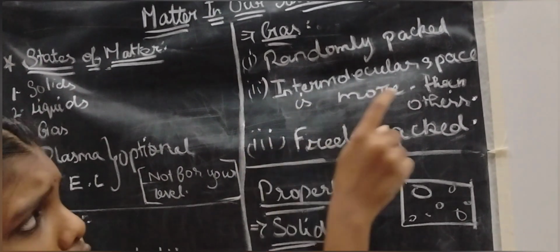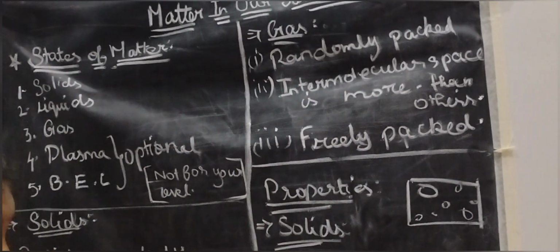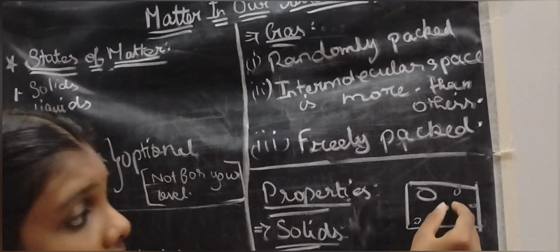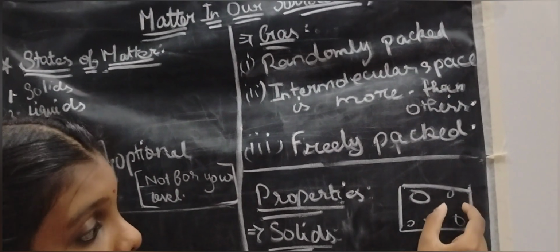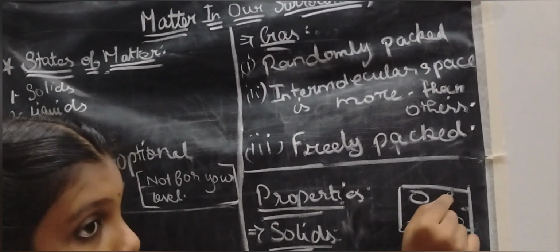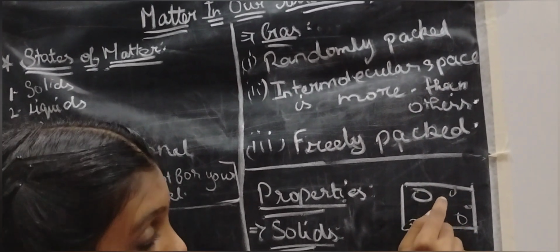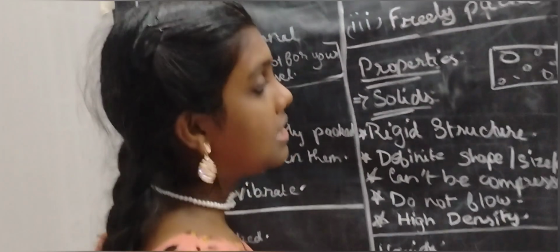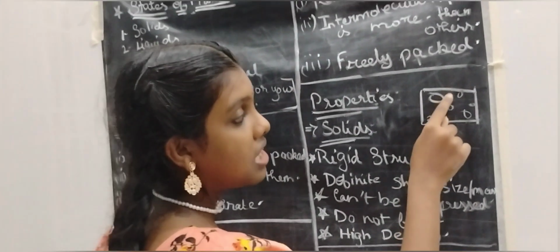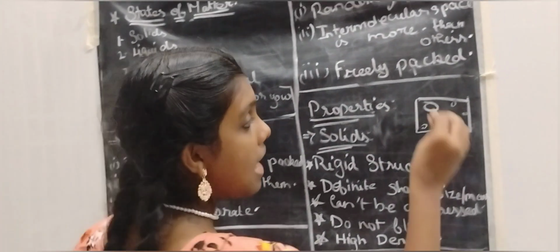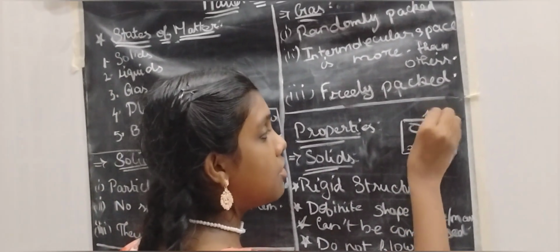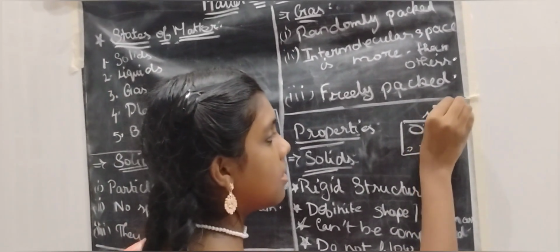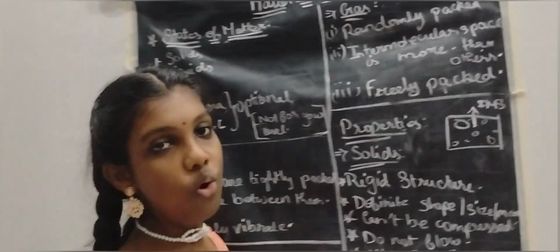Also, the intermolecular space is more if you compare to liquids. If you see, between these two molecules, the space is more than in liquids, which means the IMS is more.